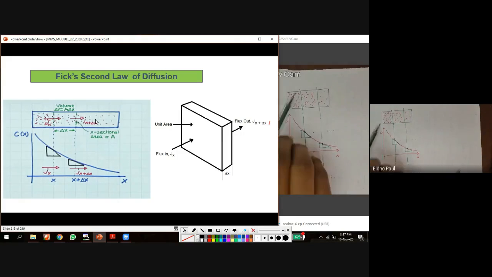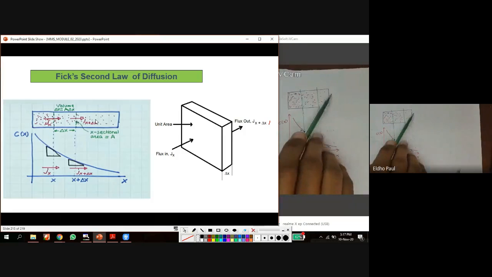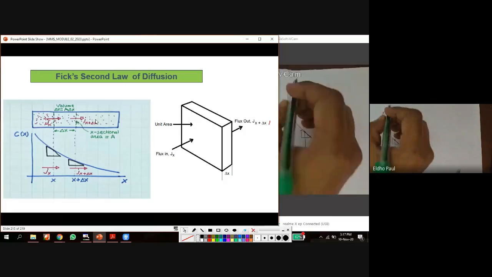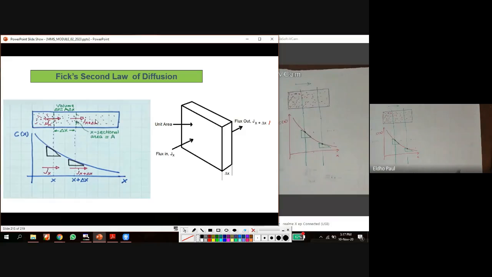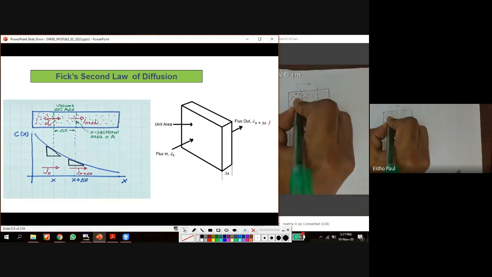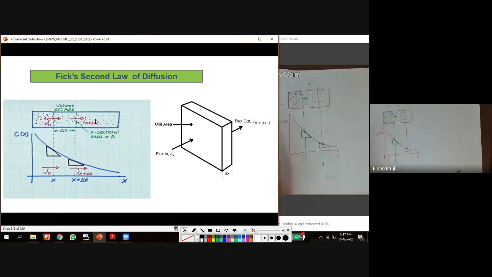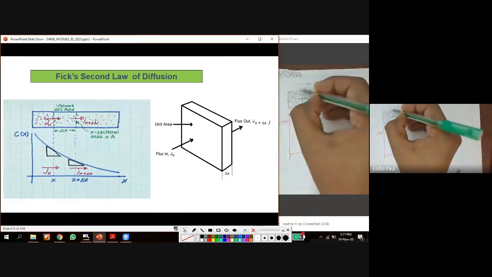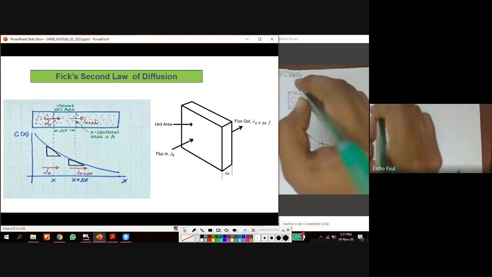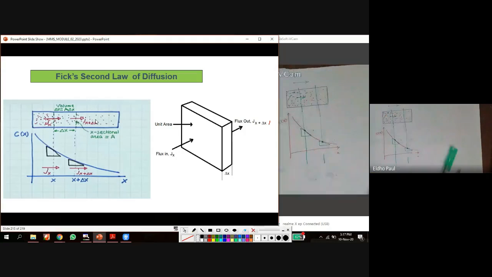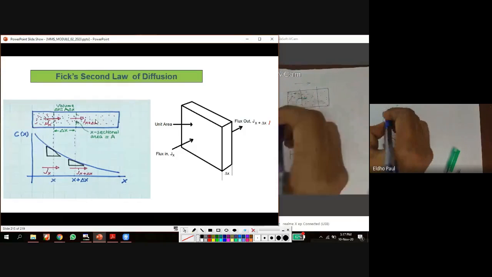While diffusion occurs, this is the area of high concentration and this is the area of low concentration, so there will be diffusion in this direction. This is the direction of diffusion. So there will be mass flow, and across this cross section we can say the mass flux is equal to Jx.